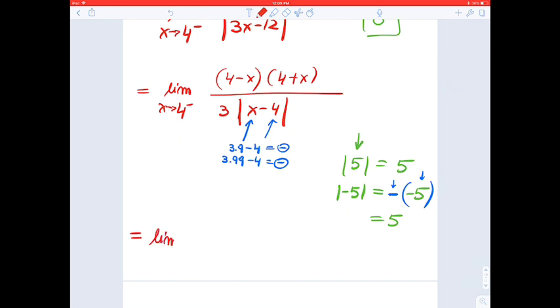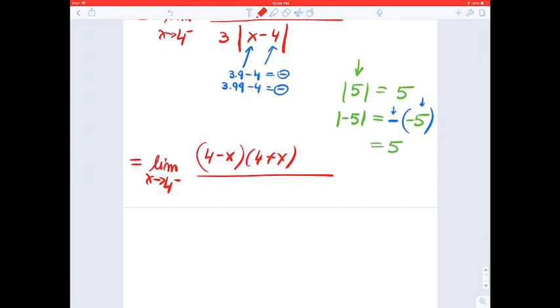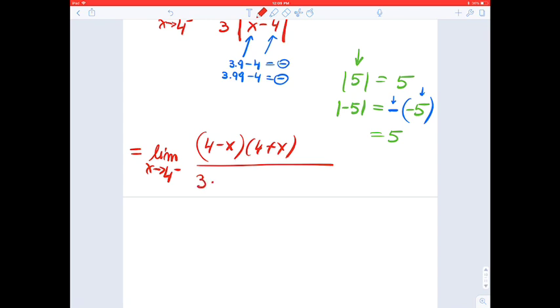Let's rewrite and see what we have to do. I will keep this one for now, and I have 3. Let me put that 3 outside; I will just change the order.